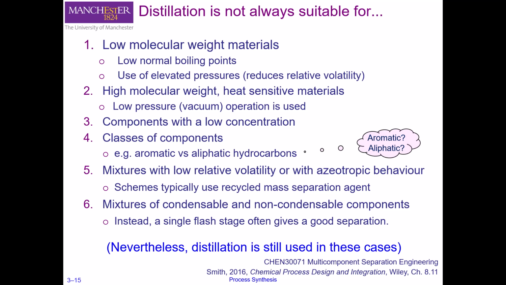Third, if a component is present only in low concentration in the feed, distillation might not be the best option, because distilling to produce a relatively pure stream of that component may not be a practical solution. You can imagine that if only a small flow rate is withdrawn as a product, that implies a very large flow rate of material being circulated as reflux internally within the column.